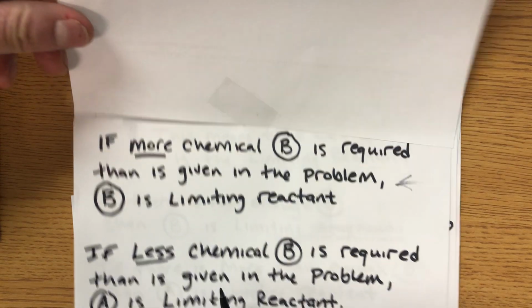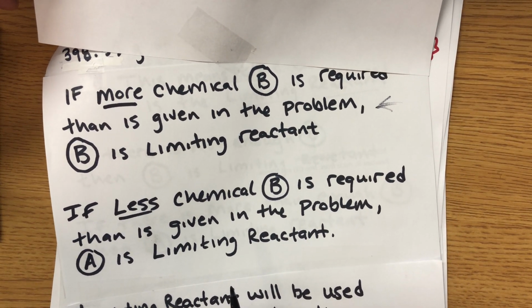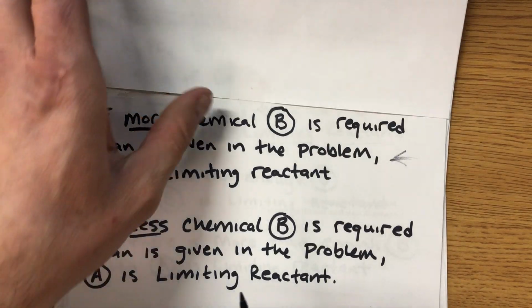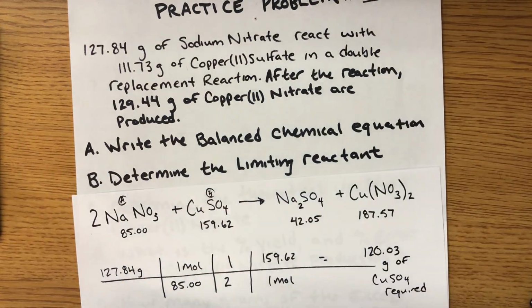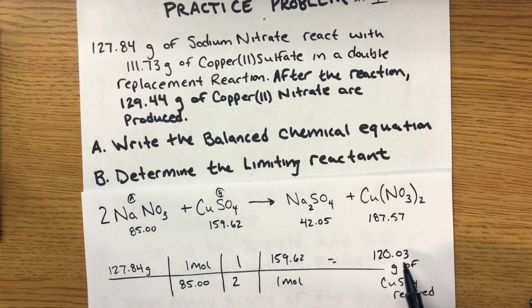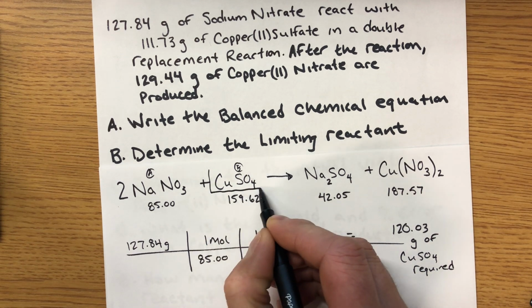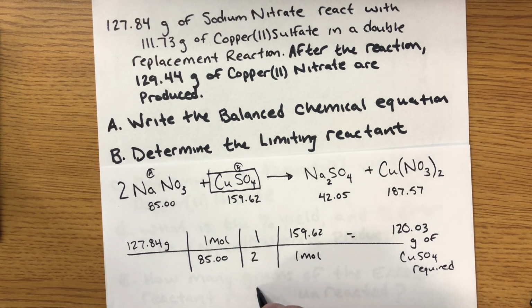And if less of chemical B is required than given in the problem, then A is the limiting reactant. So let's see where we're at with that. We require more of chemical B than we have been given. So that means that B is the limiting reactant. So copper sulfate is our limiting reactant.